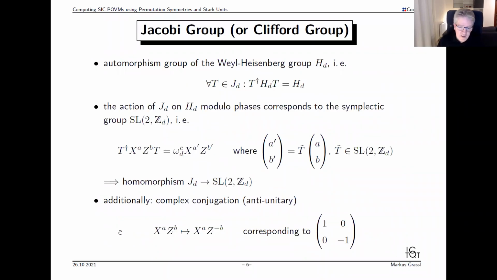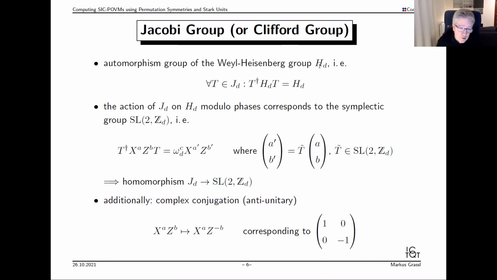So one idea to cut the problem further down is to impose even more symmetries, and those symmetries are now mainly known as the Clifford group, but in the mathematics literature also known as the Jacobi group. Those are essentially all the matrices that normalize the Weyl-Heisenberg group.